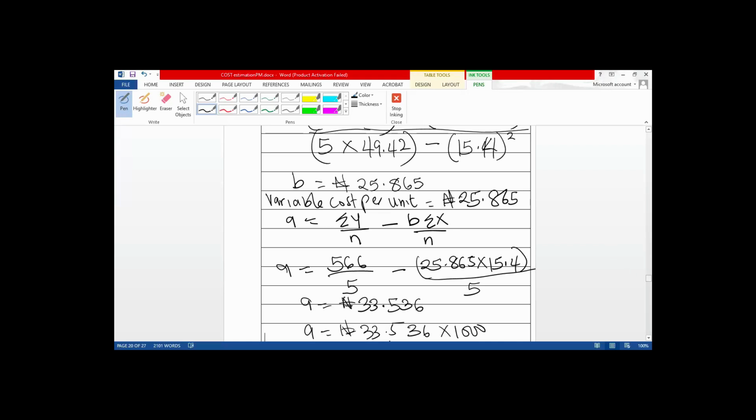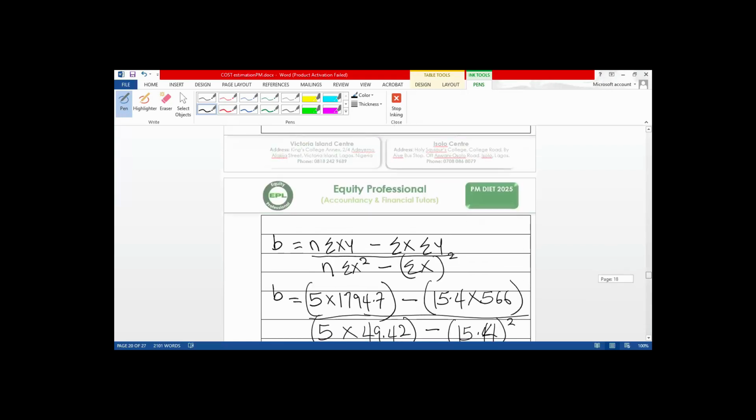The reason is that if you look at the formula, you have up here xy, xy, xy, xx. If you multiply up by 1,000, you also multiply down by 1,000. 1,000, 1,000 will cancel out. Our y, we have total cost scaled down by 1,000.